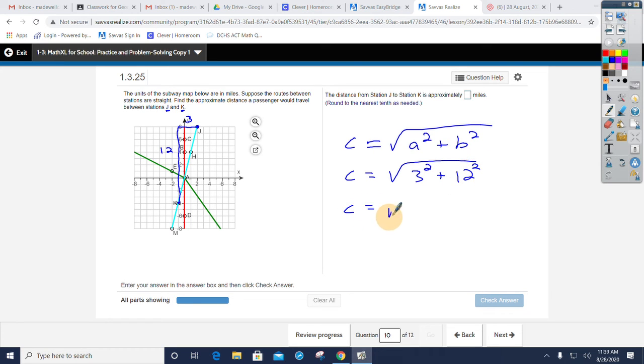So that's going to be 9 plus 144, which would be 153. And what do we round to? Round to the nearest tenth. So take that, put it in your calculator. Square root of 153. And you get 12.36. So round to the nearest tenth, that 6 is going to make that 3 bump up. So it's going to be 12.4.